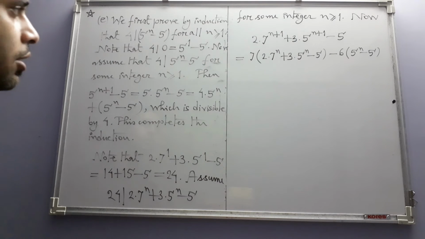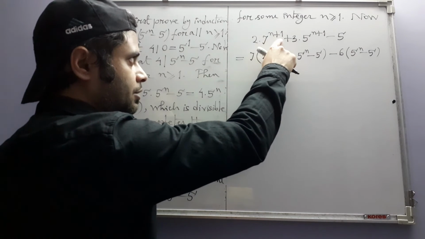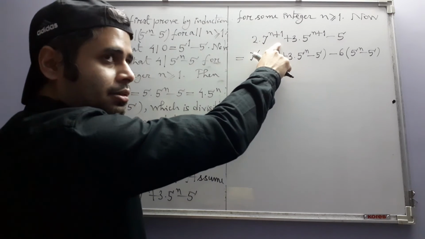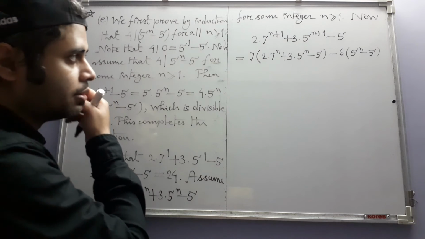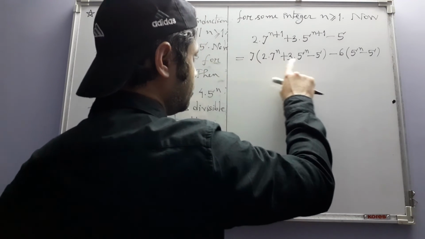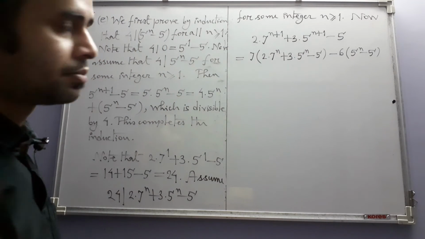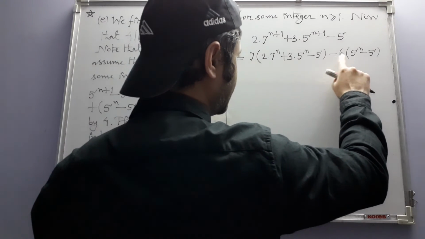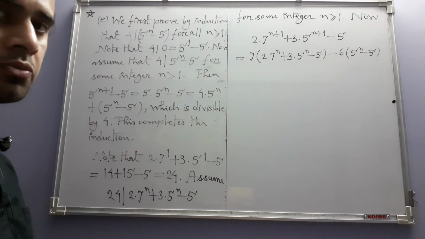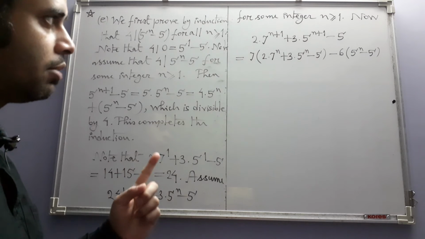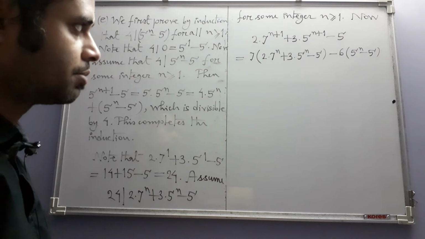Let's see if it's true or not. 7 times 7 to the power n is 7 to the power n plus 1, times 2 is this term. Now what about 5 to the power n? Here you have 3 times 7, that means 21, minus 21 times 5 to the power n minus 6 times 5 to the power n. 21 minus 6 is 15. 15 times 5 to the power n.